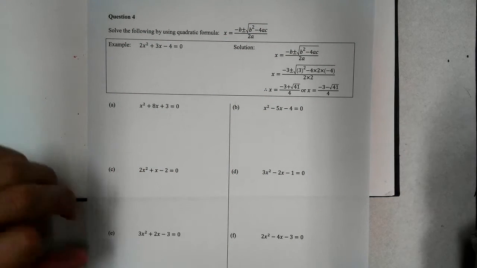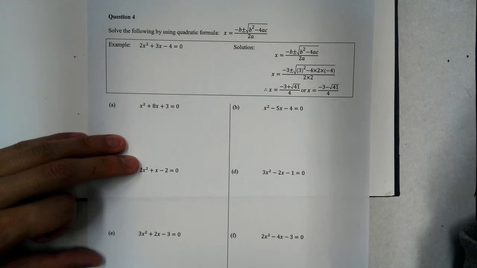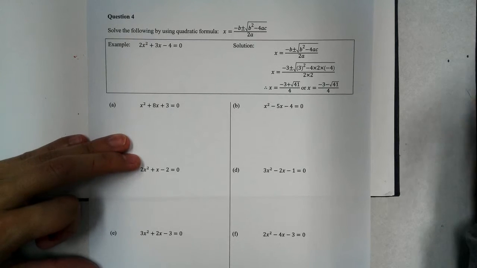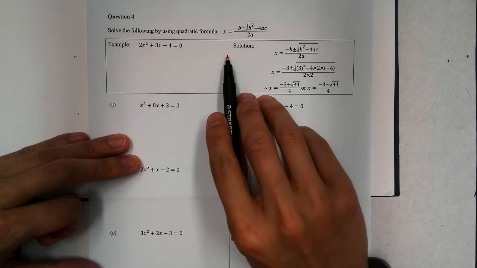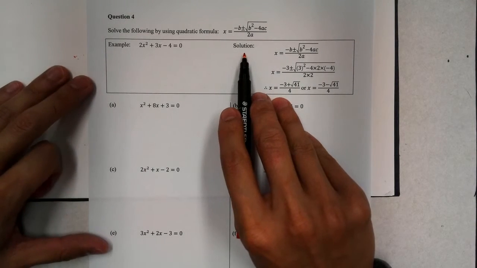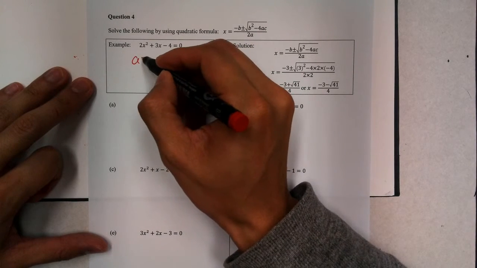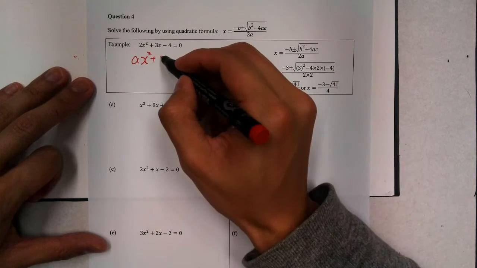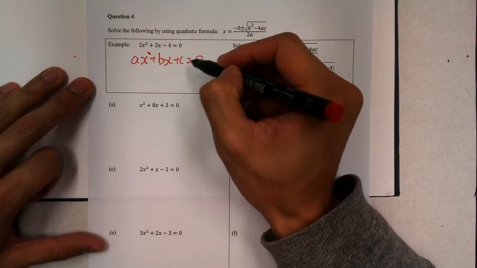So for the next question, not all the equations can be factorized. So in some cases, we have the quadratic formula, which is here. We can apply this formula to solve. So A represents the number in front of the x squared, B represents the coefficient in front of x, C is the constant.